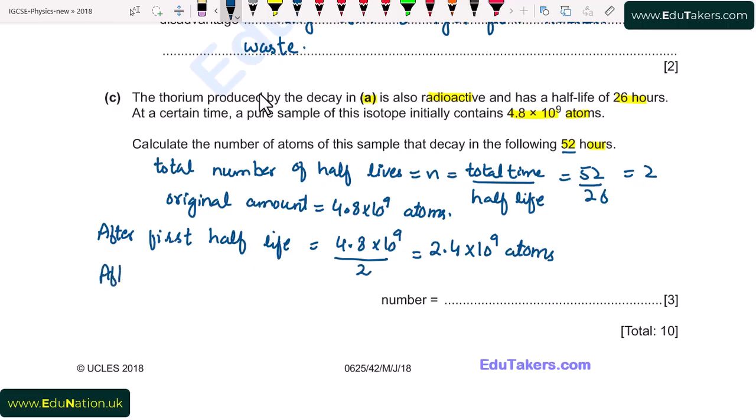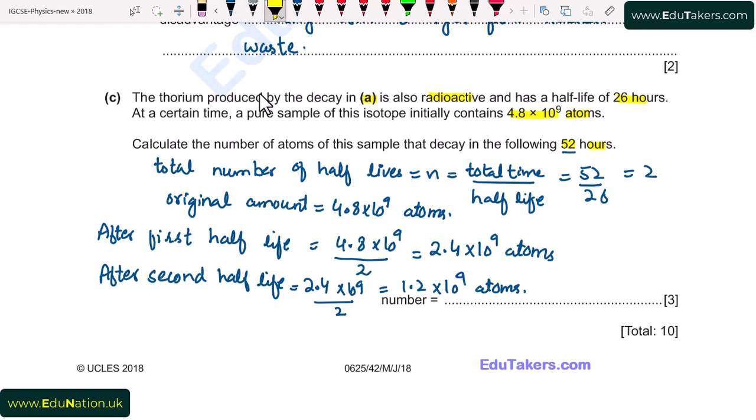After the second half-life, it will be 2.4 into 10 to the power 9 divided by 2. So it comes to be 1.2 into 10 to the power 9 atoms. It means that after 2 half-lives, 1.2 into 10 to the power 9 atoms are left undecayed.